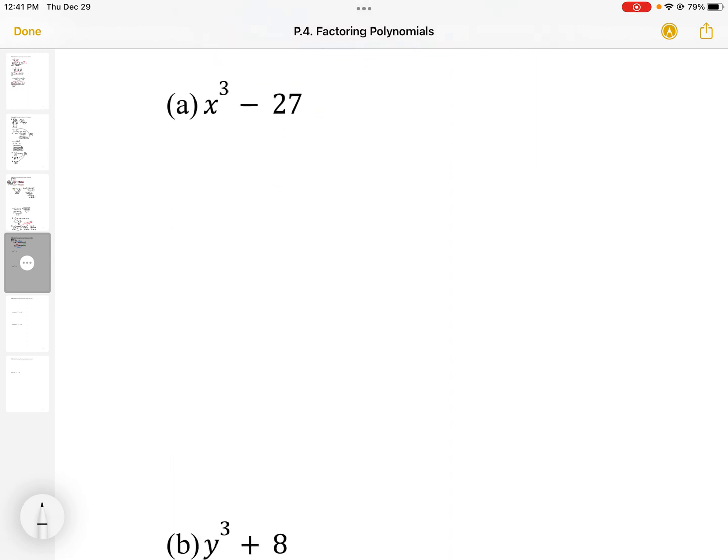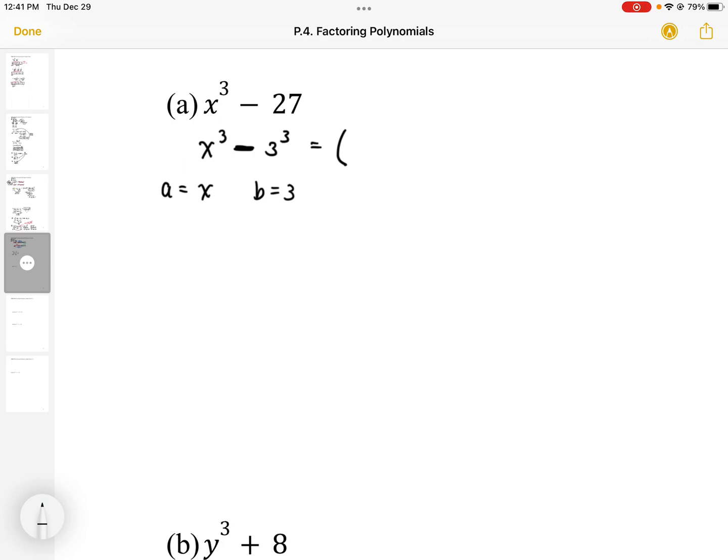For the first example, part A, we have x cubed minus 27. 27 can be written as 3 cubed, which means that we have a difference, subtraction, of two cubes. So we're going to factor that, knowing that x is our a term and 3 is our b term.